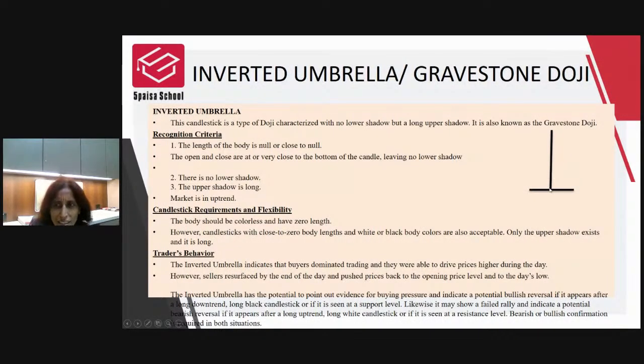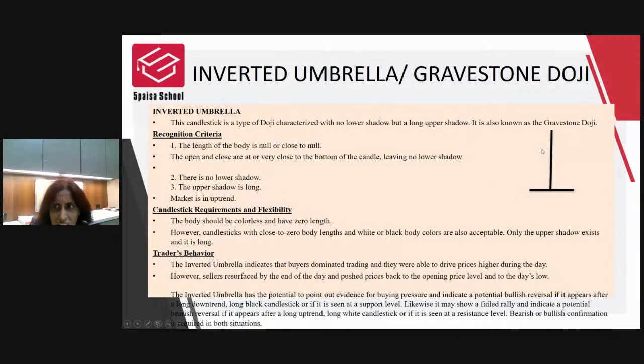Another thing which you witness over here is that the real body is not to be seen, or it's very close to none. The open and closing prices are very close to the bottom of the candle, thereby leaving no lower shadow.